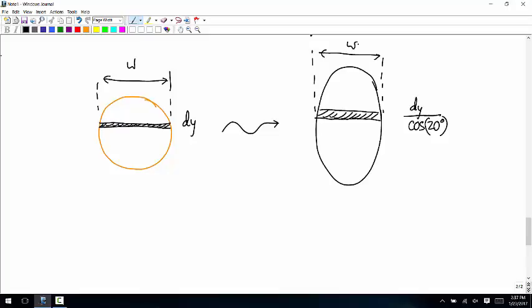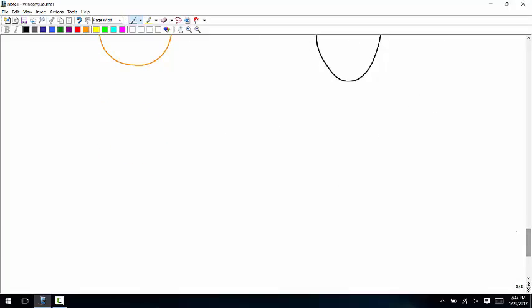So last time we talked about normal strains. So now we have to talk about shear strains.